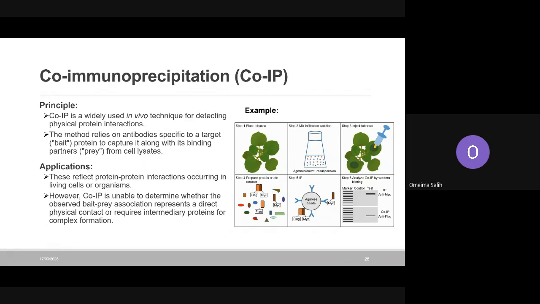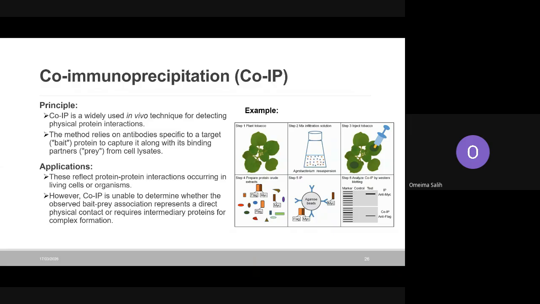If there is an interaction between the different proteins, and the tobacco is just to stimulate the interaction between the proteins. So if there is an interaction between the two proteins you are studying, then we use the agarose or the electrophoresis to separate the proteins.